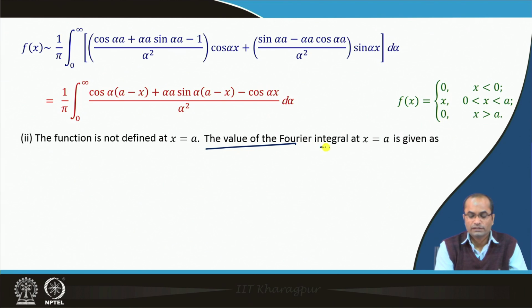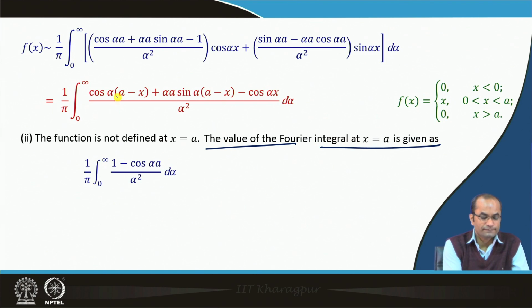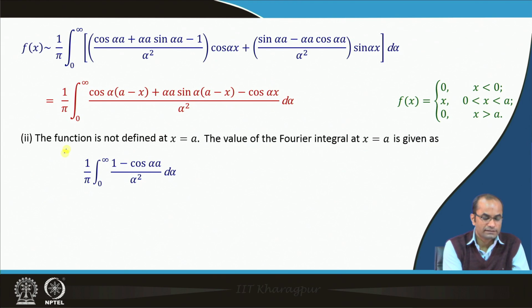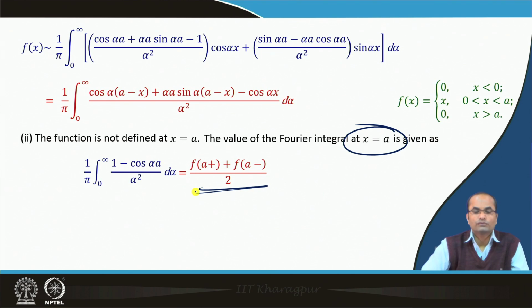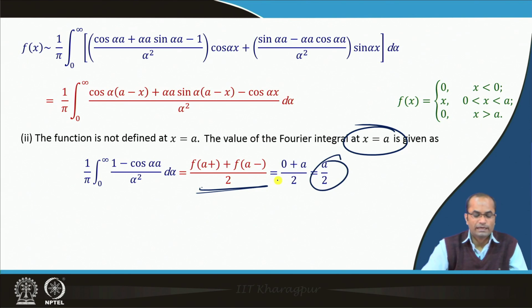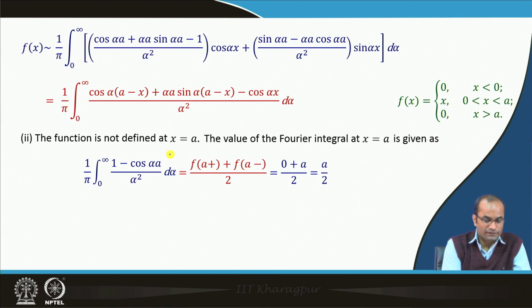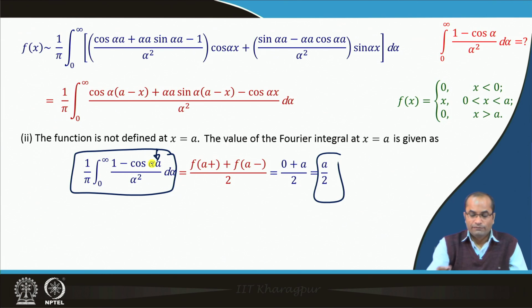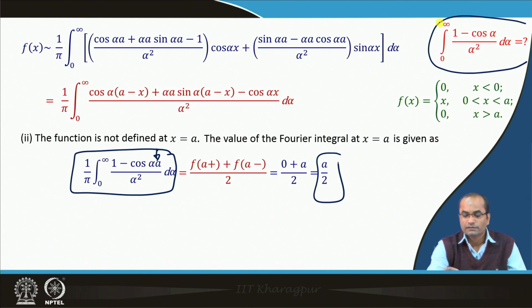So, the value of the Fourier integral at x equal to a is given as follows. If we put x equal to a there, this is going to be 1, then this will vanish, and we have cos alpha over alpha square. So, at x equal to a, this Fourier integral will converge to the average value, which is a by 2. So, the value of this integral is a by 2 for any a, and we want to get the value of the integral of 1 minus cos alpha over alpha square d alpha.